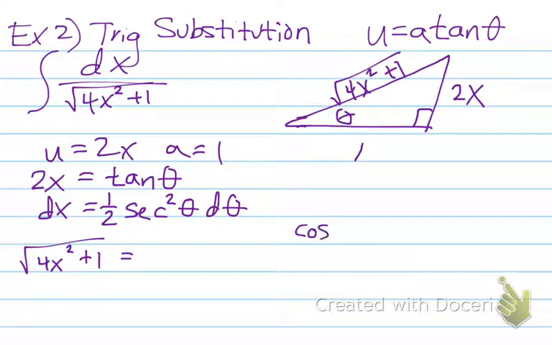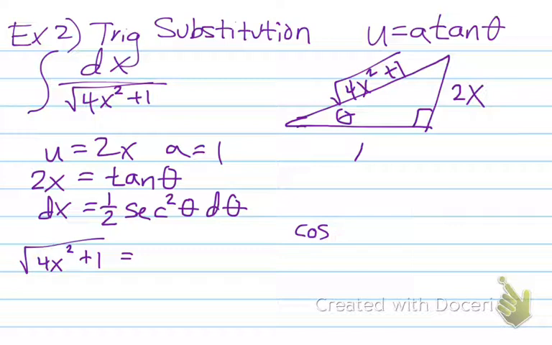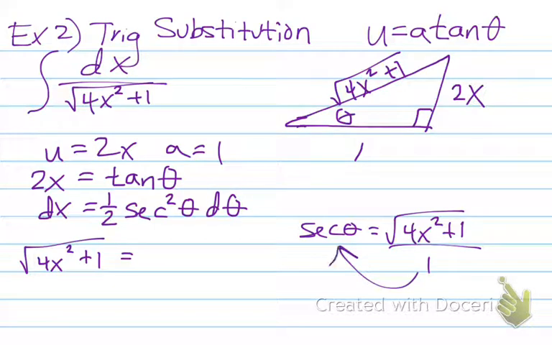If I said cosine of theta equals 1 over the square root of 4x squared plus 1, notice that if I do it this way, I have to multiply this piece over here, then I have to divide by the cosine piece over here. So what I'm going to do instead is I'm actually going to set up the reciprocal of cosine. So the reciprocal of cosine is secant. I'm going to set up a secant theta, which would be the square root of 4x squared plus 1 divided by 1. And now when I multiply the 1 over to this side, it's really easy to do it that way. So I'm going to use that instead.